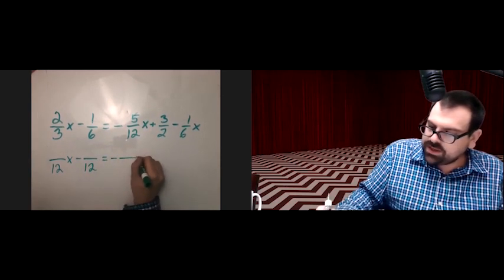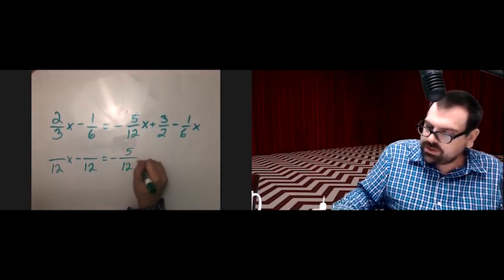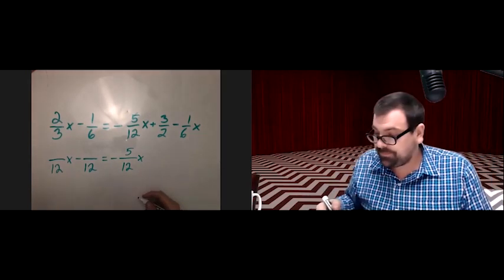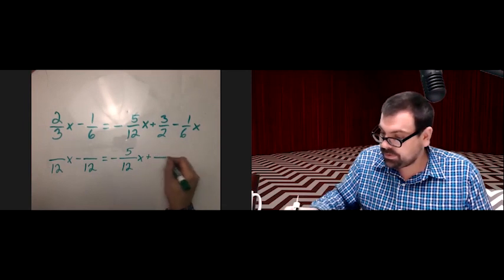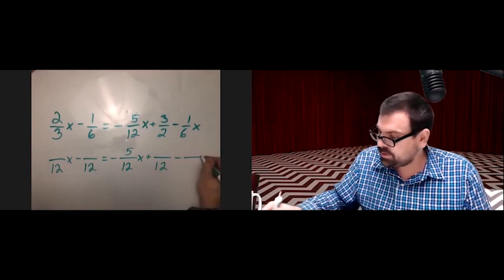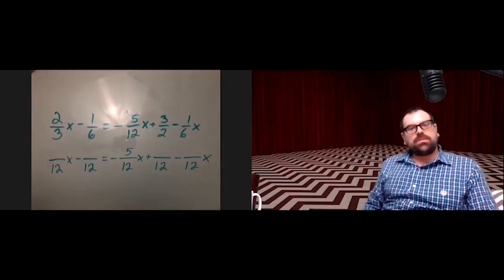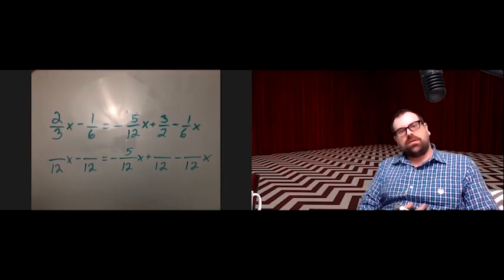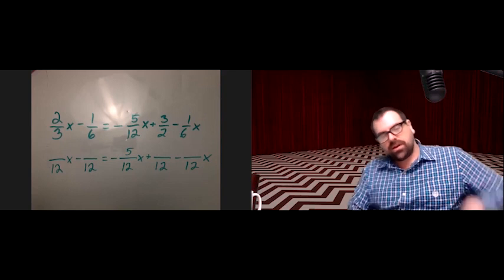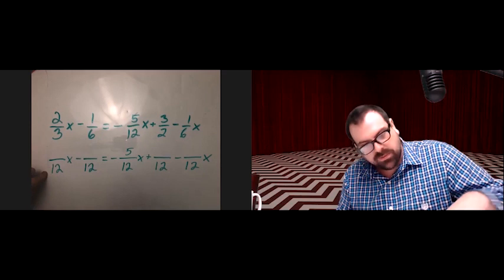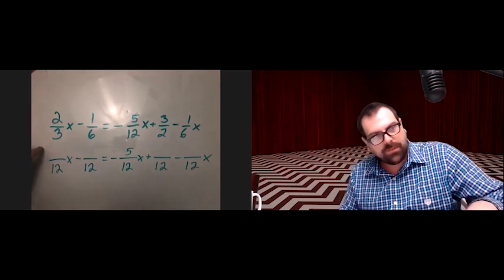The only one that's not going to change is this one because it's already a 12. Okay, so now we need to figure out the new top numbers. How do we do that? How do we find equivalent fractions? Well, remember, whatever we do to get the bottom number, we have to do to get the new top number.